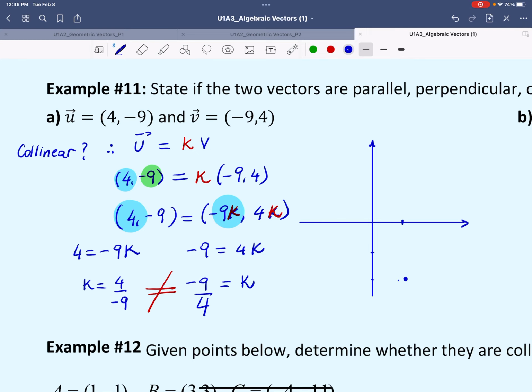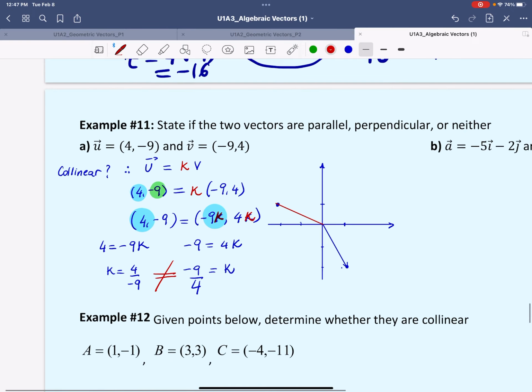So this would be the first vector. The second vector, negative 9, 4, would be, if this is 4, this would be 4 and then a little bit more. So this would be the second vector. So you can tell that the two vectors are not collinear just by doing the graph of it.